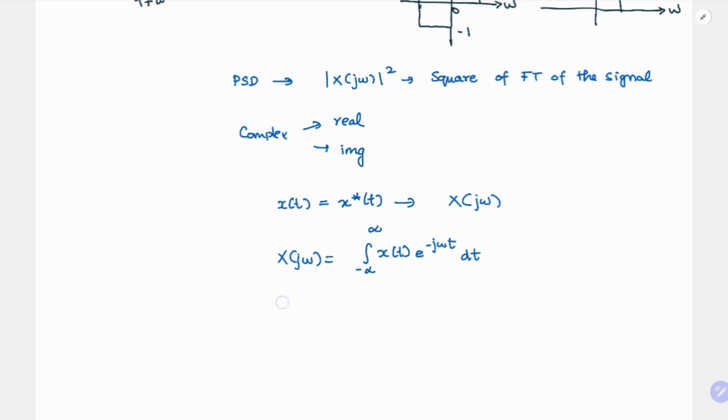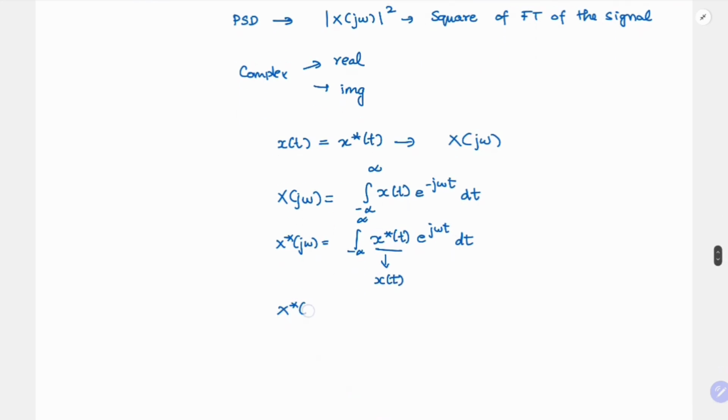So try taking conjugate on both sides. This is equal to integral minus infinity to infinity x conjugate of t e power j omega t dt. Now if x of t is real, I can replace this with x of t. So X conjugate of j omega is equal to integral minus infinity to infinity x of t e power j omega t dt.